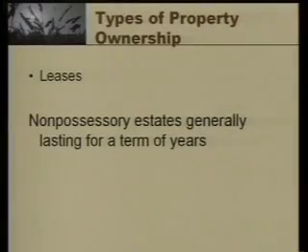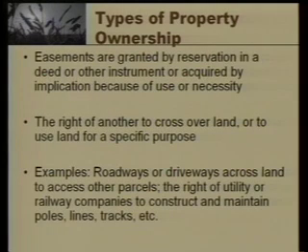Leases, of course, are non-possessory estates, generally lasting for a term of years. Easements are granted by reservation and deed, or they can be acquired by implication because they're necessary. If somebody has driven across your land for the last 30 years to do something, he may have created an easement that he can enforce by going to court.